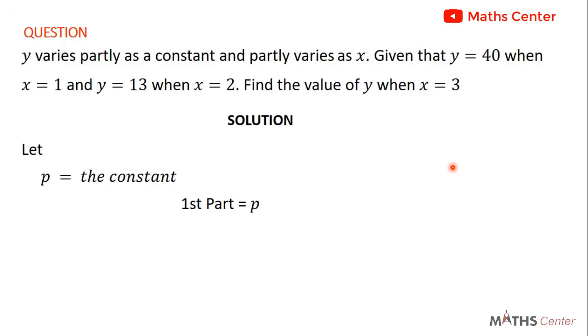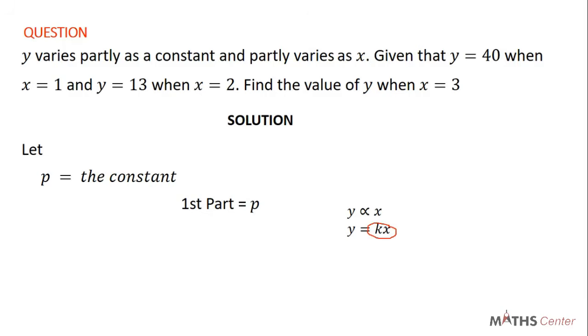From the videos on direct variations, we learned that if y varies as x, it's written as y is proportional to x. And if we introduce the constant of proportionality, which is k, we will have y is equal to kx.